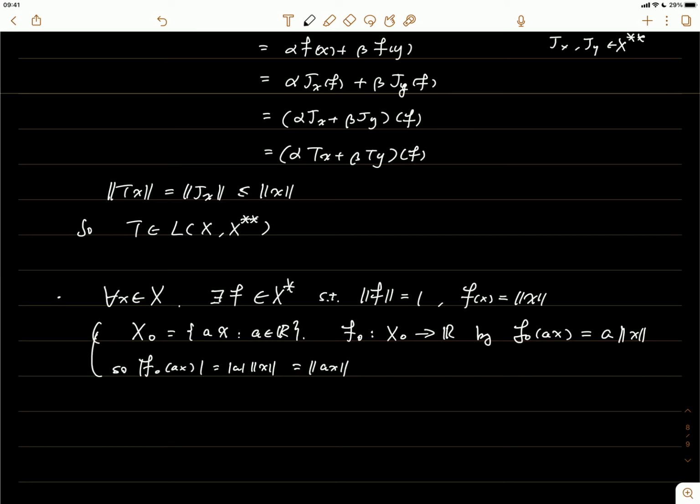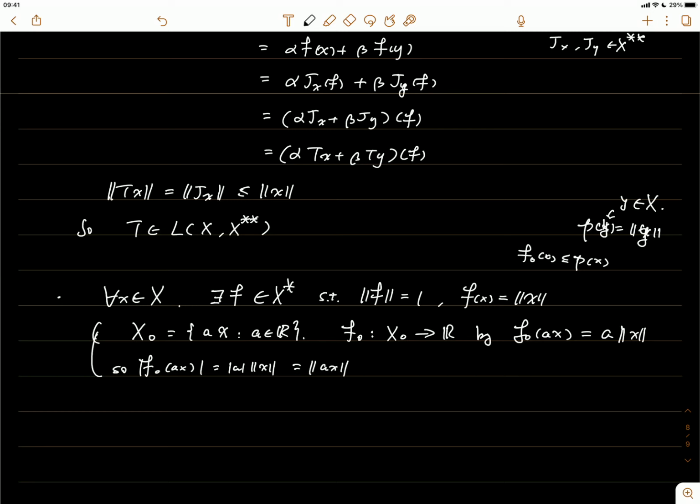And also f naught is bounded above by this quantity here. I define p of x to be the norm of x, so f naught of y is less than or equal to p of y, for y from the whole space x. So you can see that this is bounded above by p, a sublinear functional, which is just the norm.